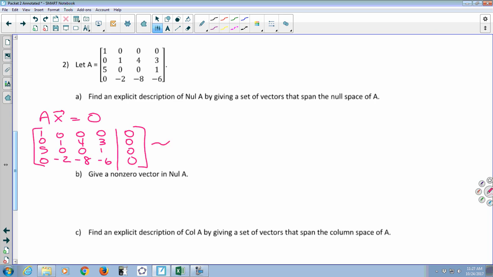And when we solve it, we get 1, 0, 0, 0, 0, 1, 0, 0, 0, 4, 0, 0, 0, 0, 1, 0.